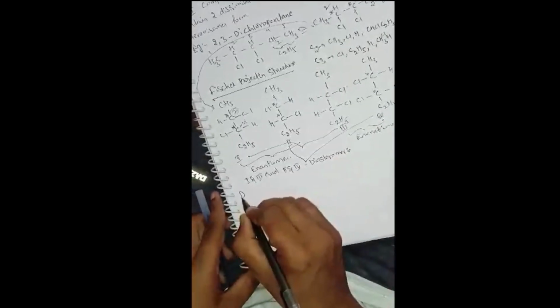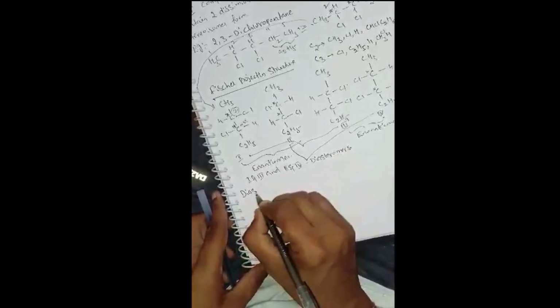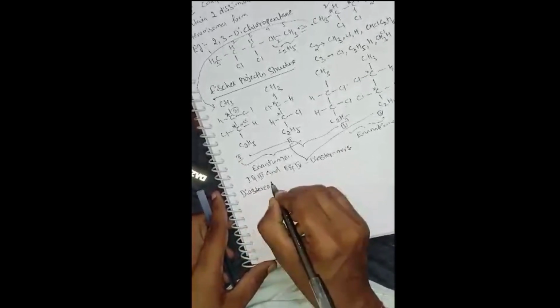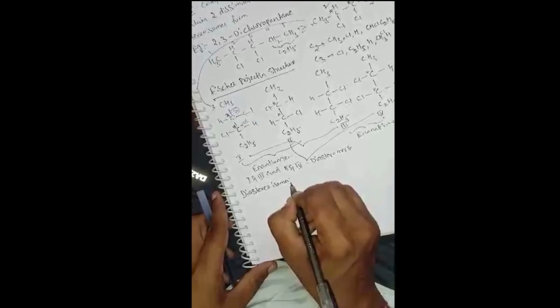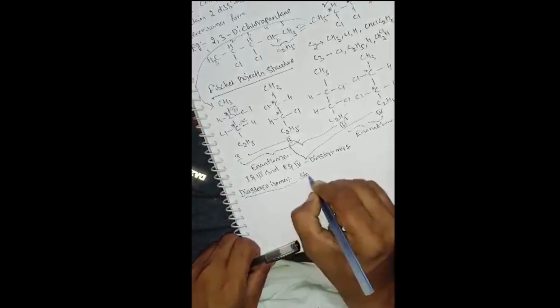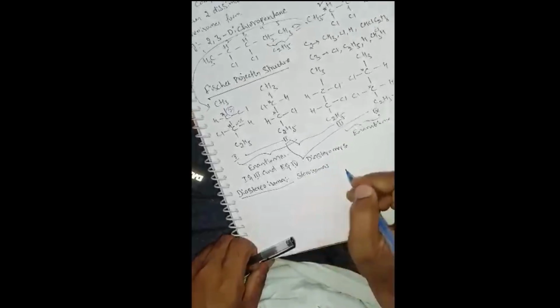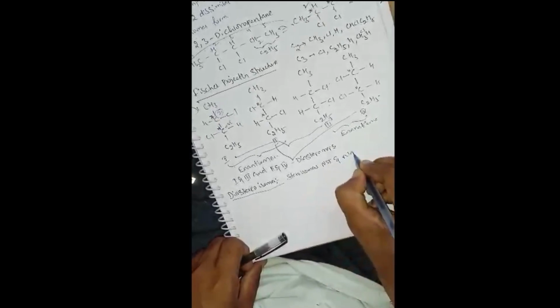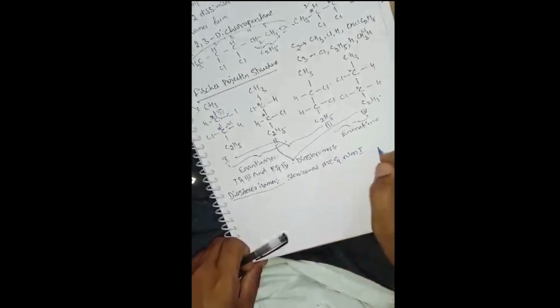So we discussed diastereoisomers. Diastereoisomers are pairs of stereoisomers which are non-superimposable and non-mirror images of each other.